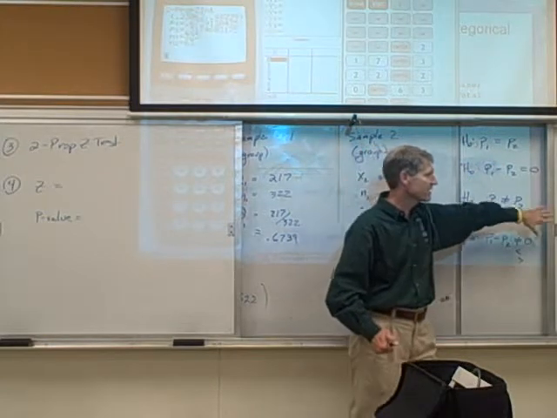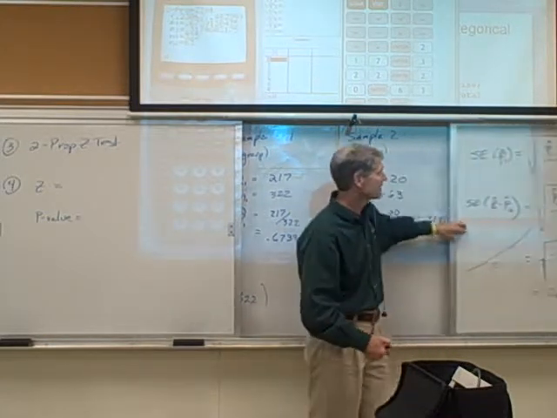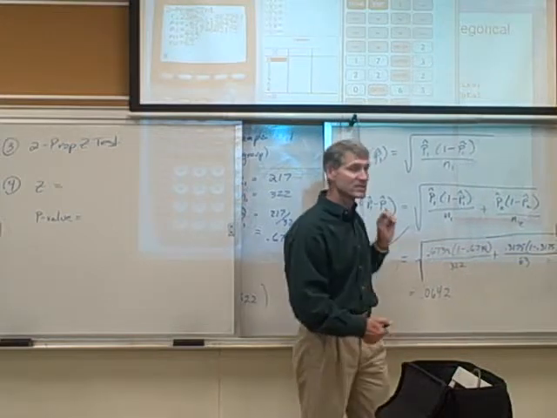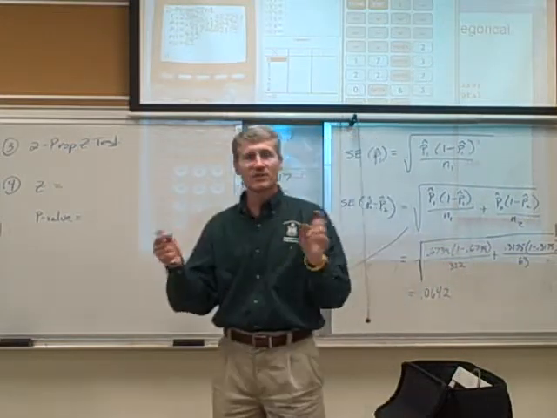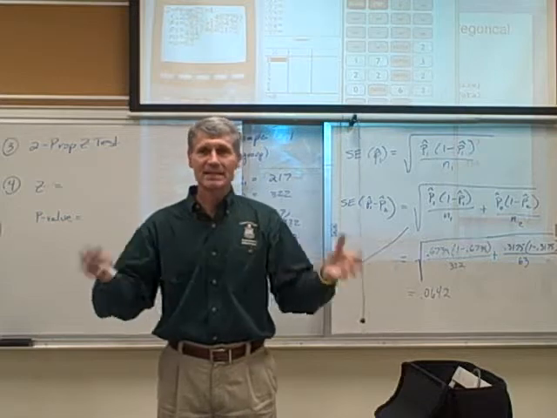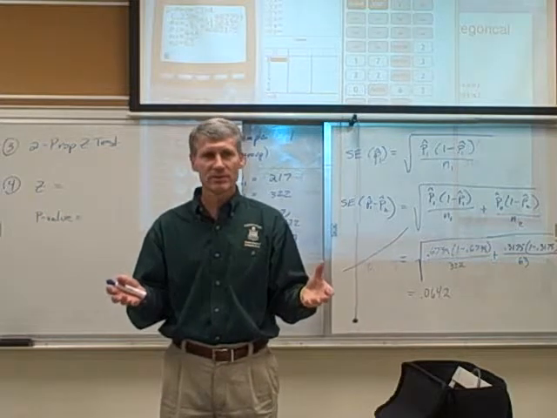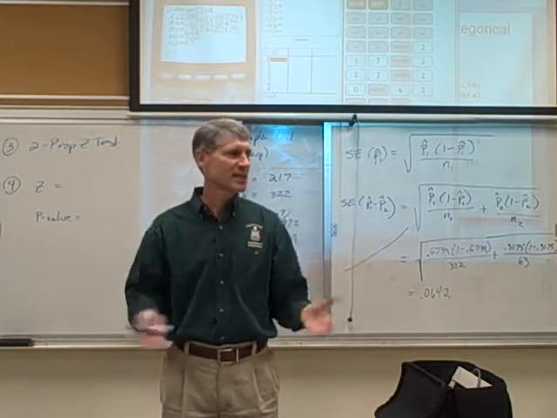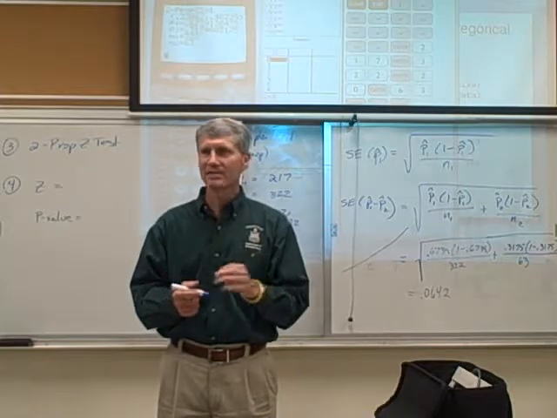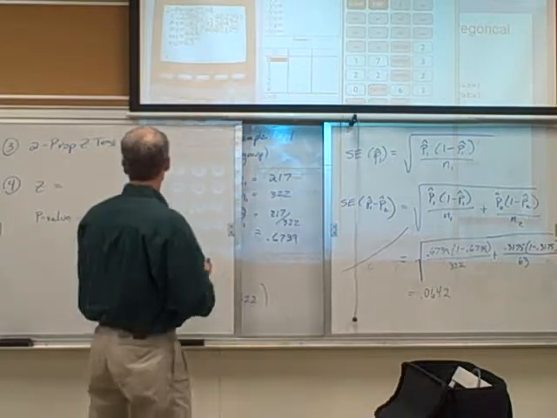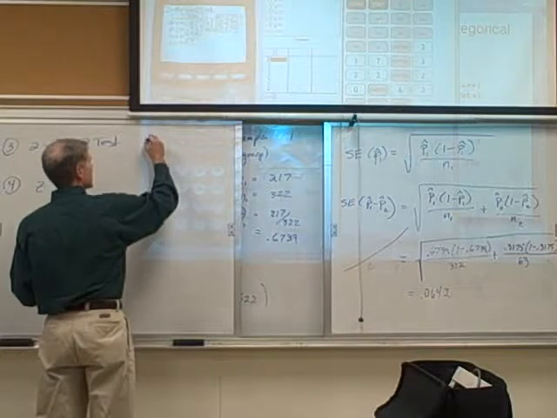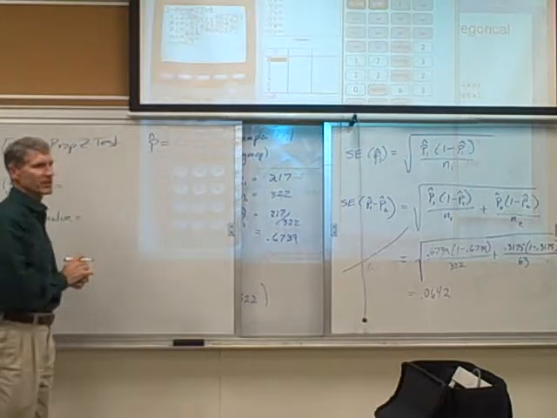So I still don't have values I can plug in there, but if I hypothesize the two groups have the same proportion, then my best estimate of that proportion is to pool the two groups together and get what's called the pooled estimate.